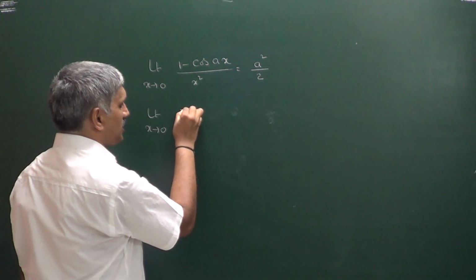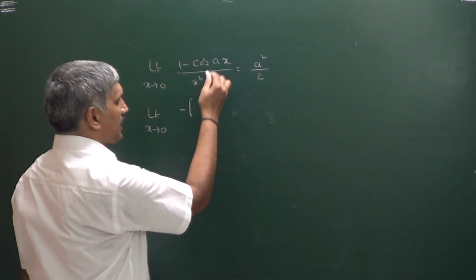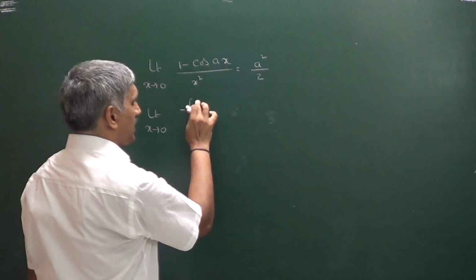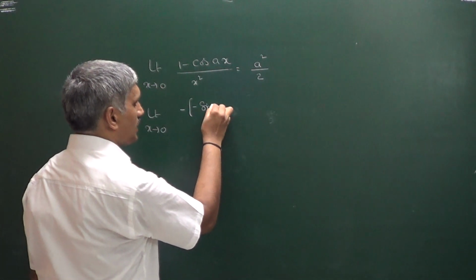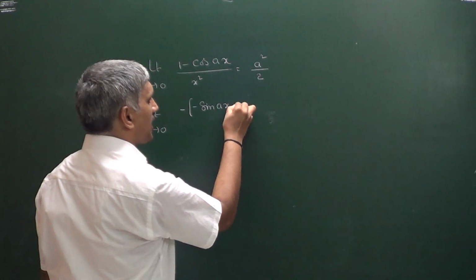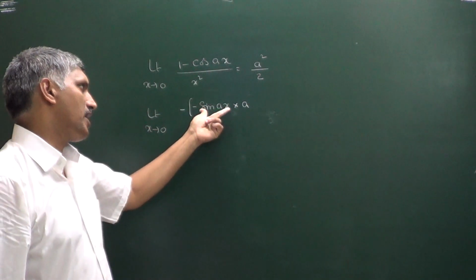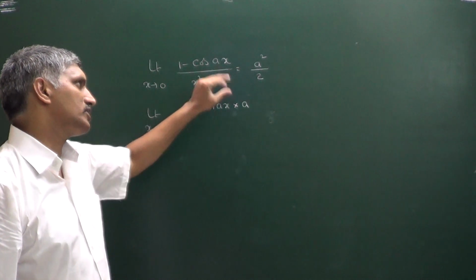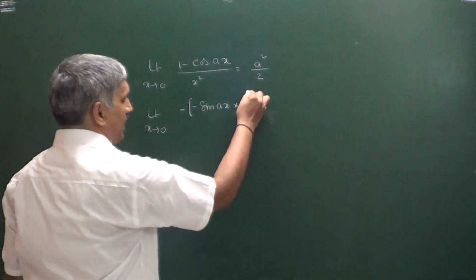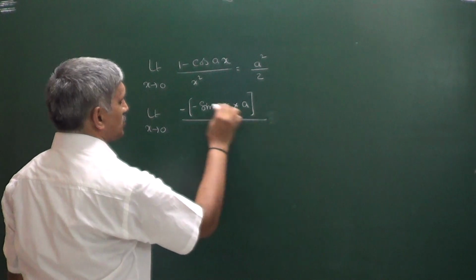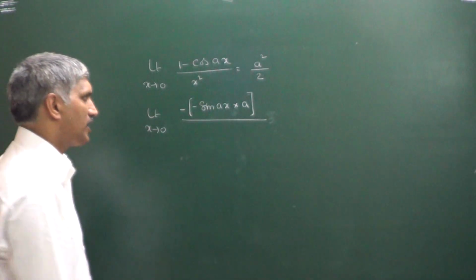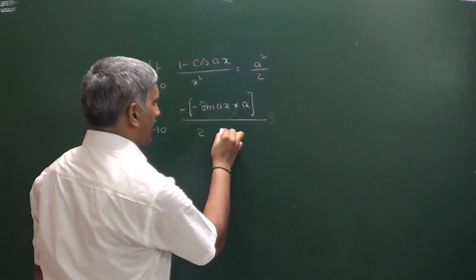Numerator differentiation is minus, cos ax differentiation is minus sin ax into inner function differentiation a, divided by, what is the differentiation of x square? x square differentiation is 2x.